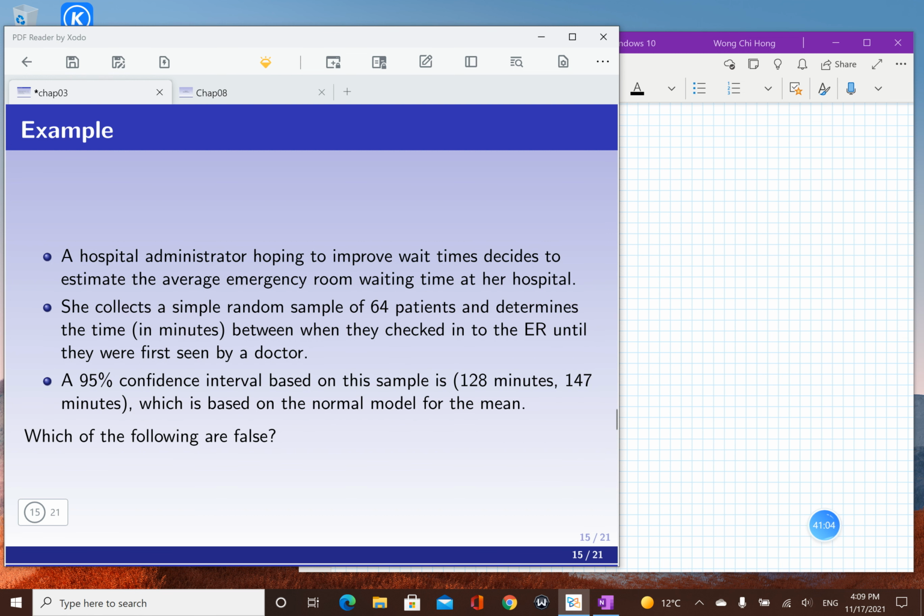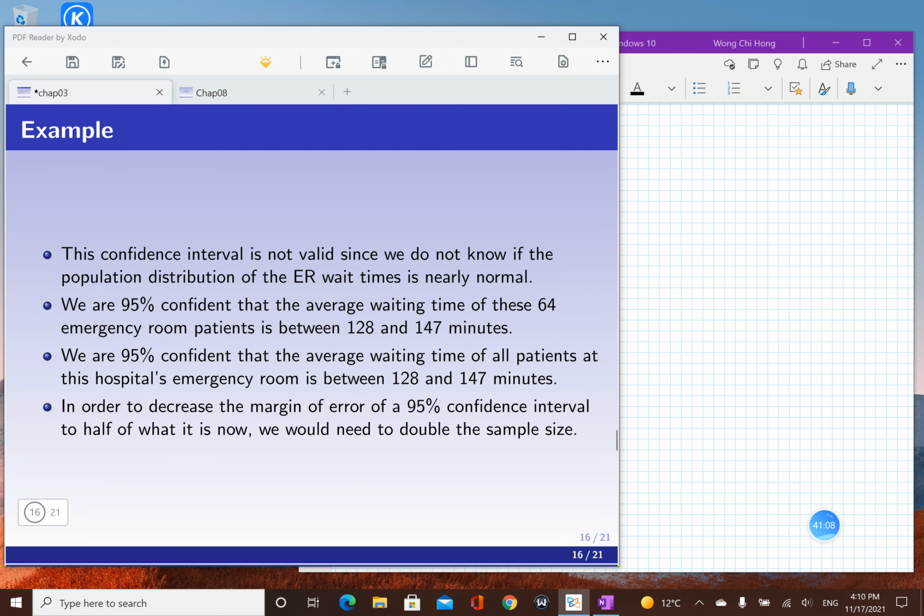The x bar is roughly normally distributed, and that is why we write our confidence interval like this. It has nothing much to do with the actual probability distribution of the population. So the confidence interval is of course valid, whether or not we know about the population distribution.